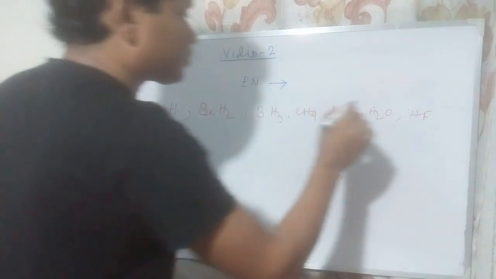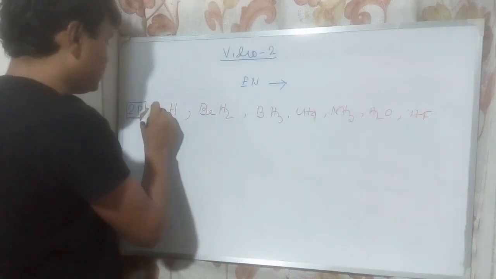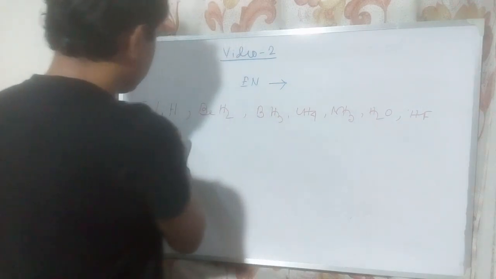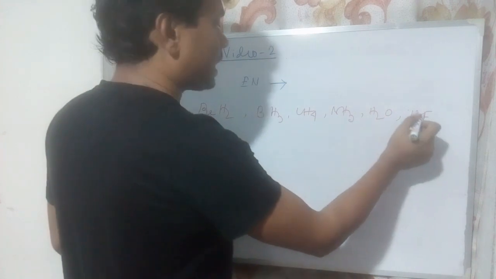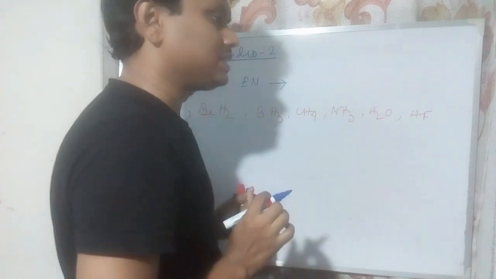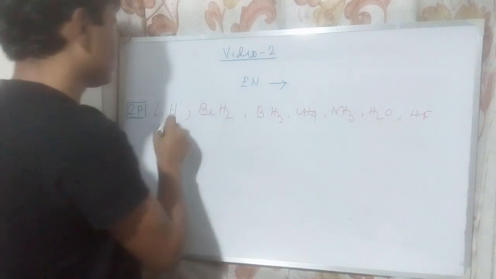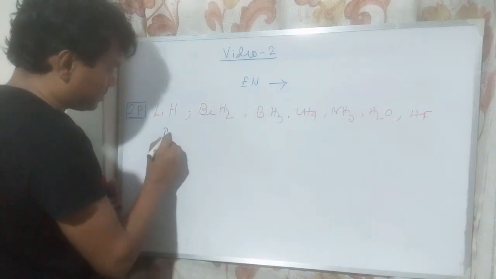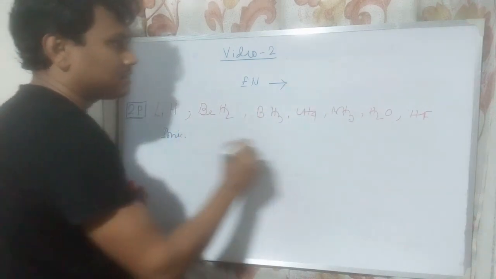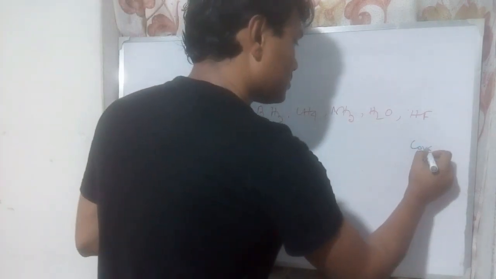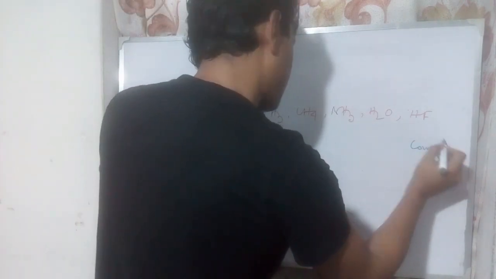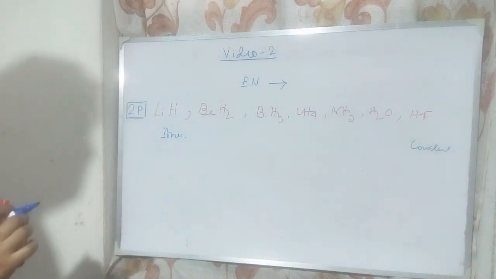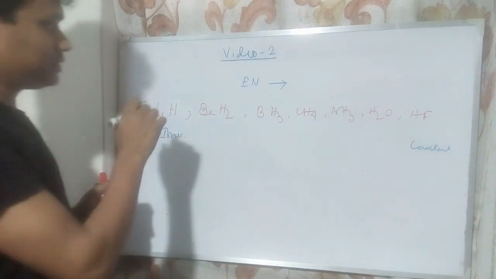So if we consider hydrides from lithium to fluorine, it is expected that the covalent character will increase. From that logic, we can consider that it goes from ionic to covalent. It is also true, but it is not as simple as we are thinking.